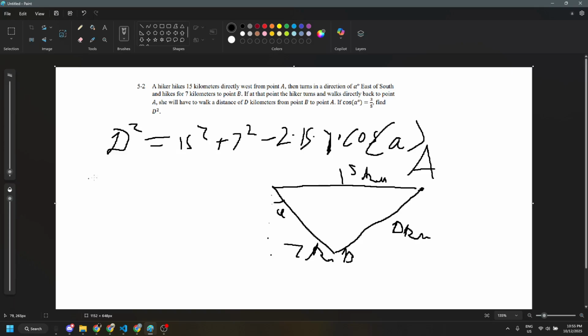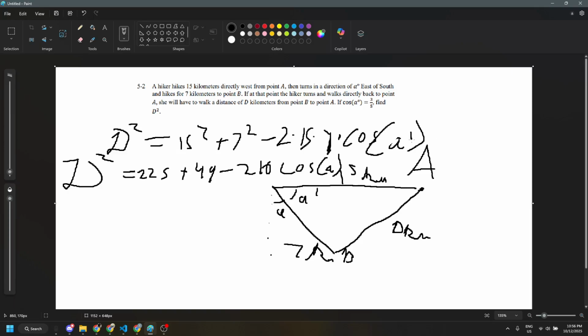So d squared is equal to 225 plus 49 minus 210 cosine of alpha. So now we just need, and let's call this, cosine of a prime.